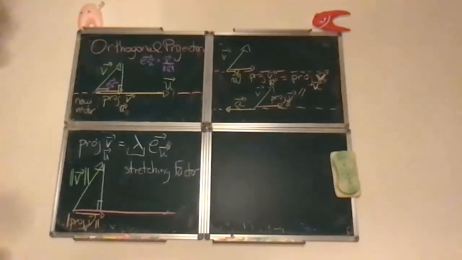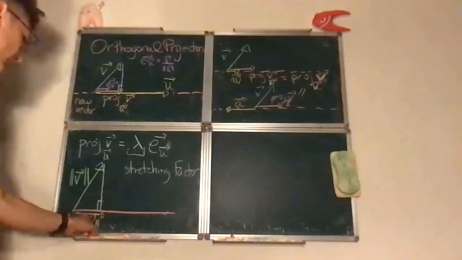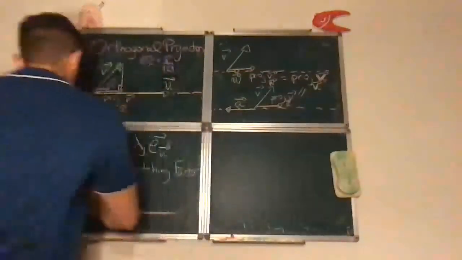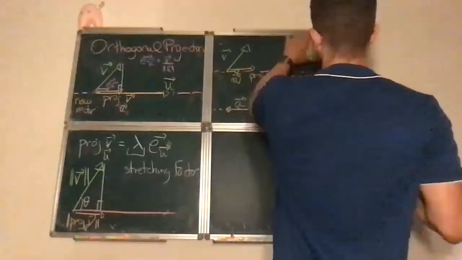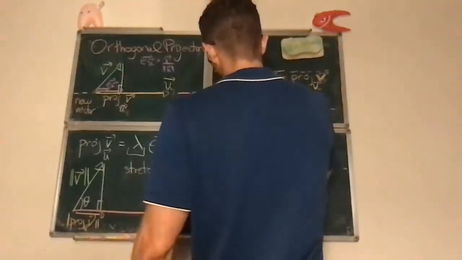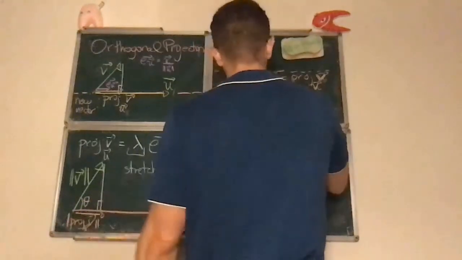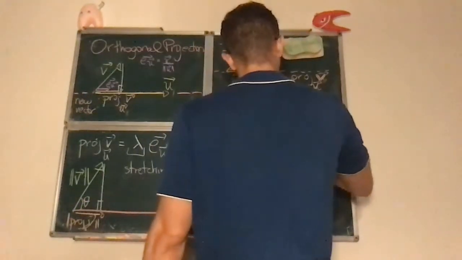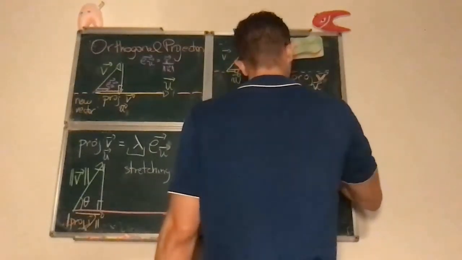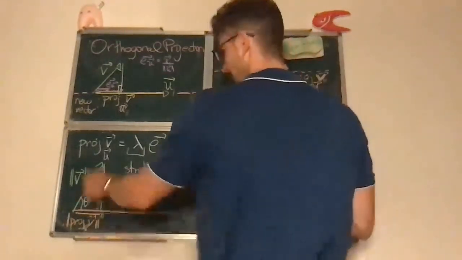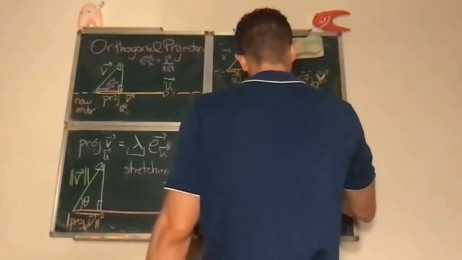And so by basic trigonometry, what is the cosine of this angle theta? Well, that's the adjacent side, which is the norm of this projection, divided by the hypotenuse, which is this.